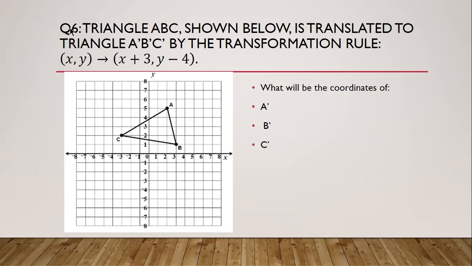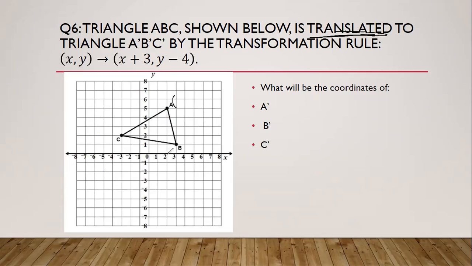Or we can do this algebraically using our points. First things first, I've got to figure out where A, B, and C are. I just need to plug each x into here and each y into here to get my transformed point.